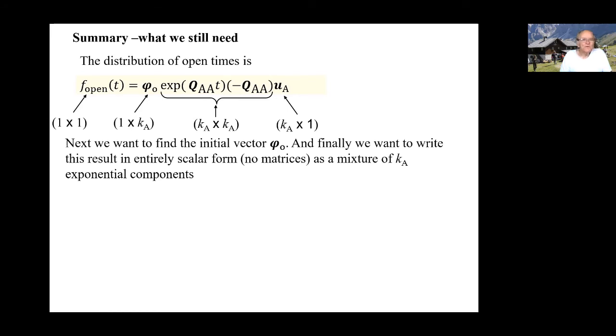So now there are two things we need to do to finish this off. One, we want to find out how we calculate this initial vector. And then finally, we want to write out the result in an entirely scalar form, with no matrices, as a mixture of Ka exponential components.